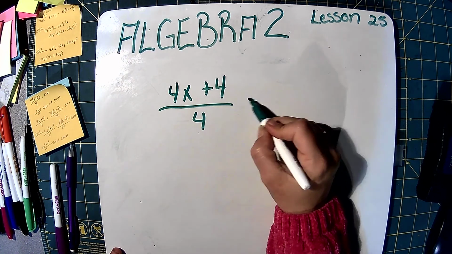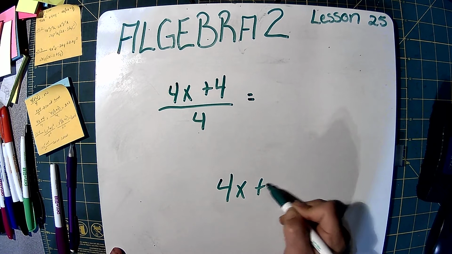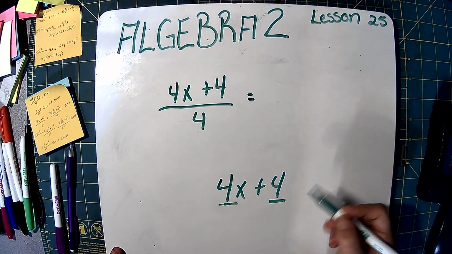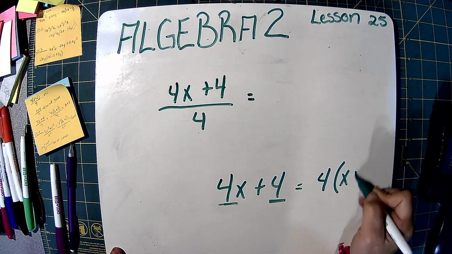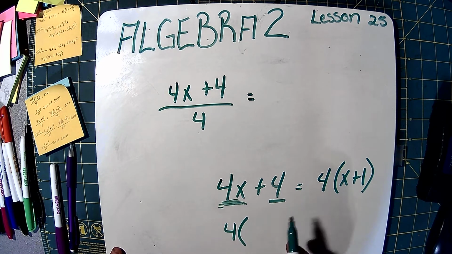But we can factor that. So on the top, we have 4x plus 4. Both of these have a 4 in them. So this can equal 4 times x plus 1. They both have a 4, so we write our 4. And then what's left out of this term? Just x. 4 goes into 4 how many times? Just one time.